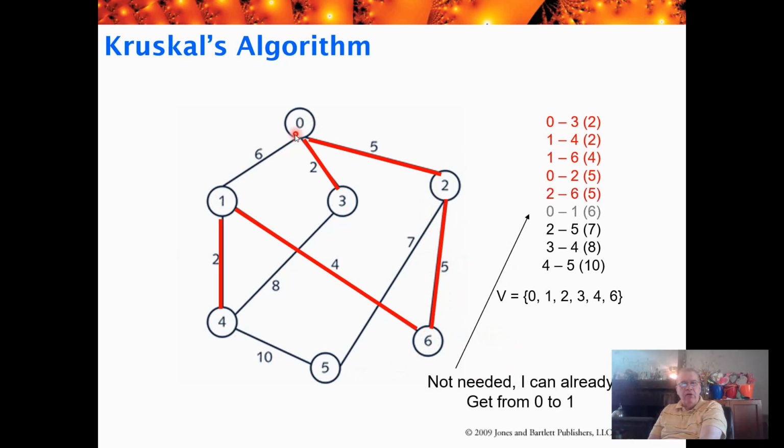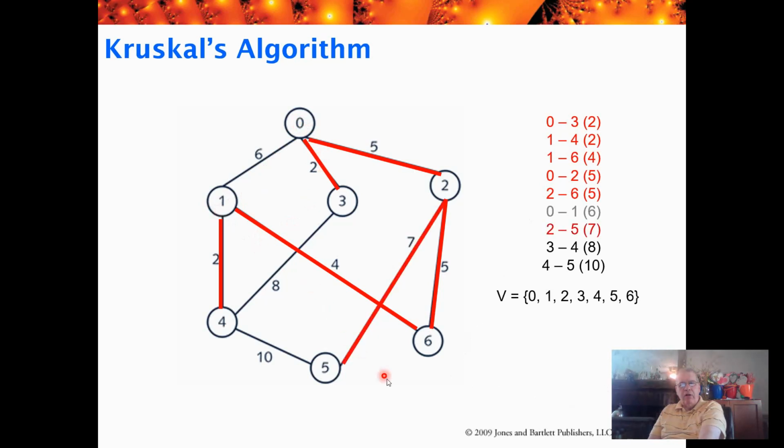But now we don't need 0, 1 because we can already get to 1 from 0. So we include 2 to 5 because we can't get to 5. And then 3 to 4, we can already get to node 4 a roundabout way. And 4 to 5, same thing.